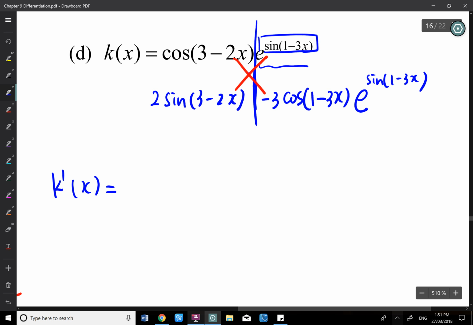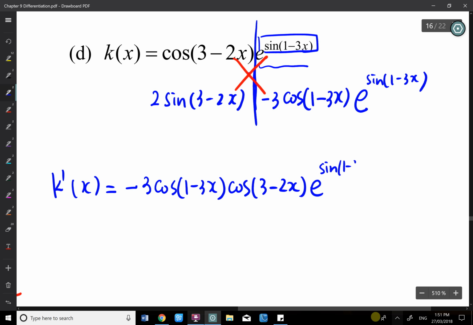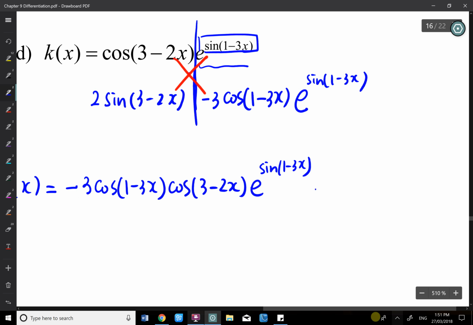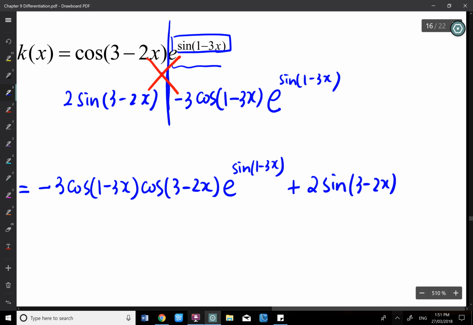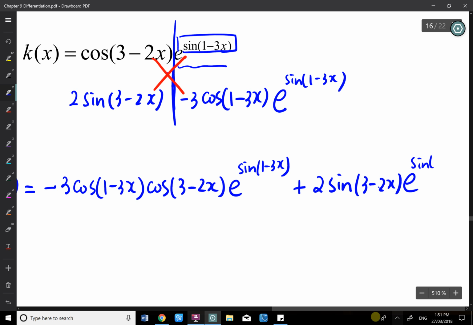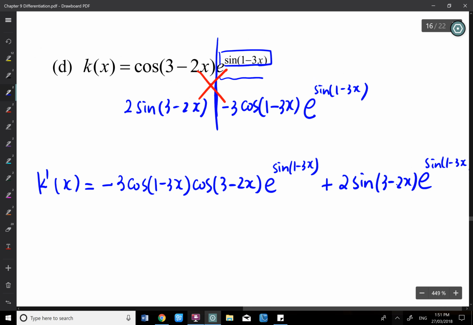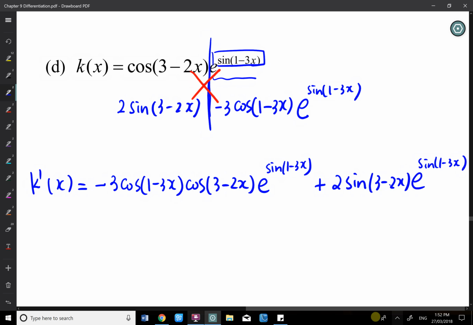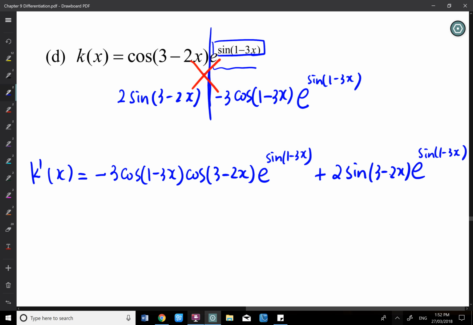That's a minus 3 cos(1 minus 3x) cos(3 minus 2x) e to the sine(1 minus 3x). Okay, three things times together, plus 2 sine(3 minus 2x) e to the sine(1 minus 3x).